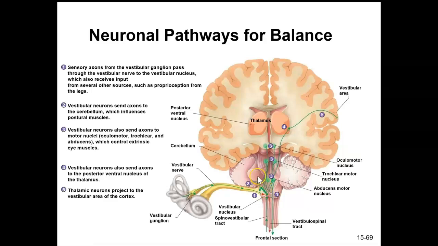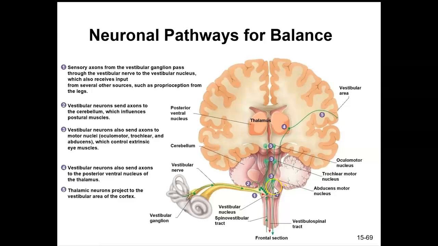From here, we will get signals sent over to the cerebellum that influences our posture muscles. And we will also send over axons to motor nuclei that have to do with our oculomotor, trochlear, and abducens nerves. Remember, these are cranial nerves that are going to control those extrinsic eye muscles.